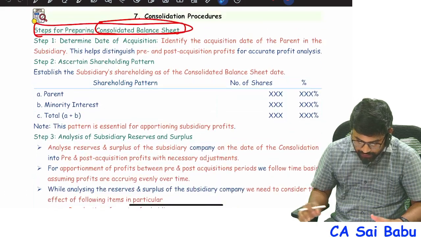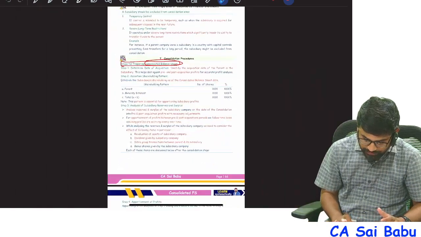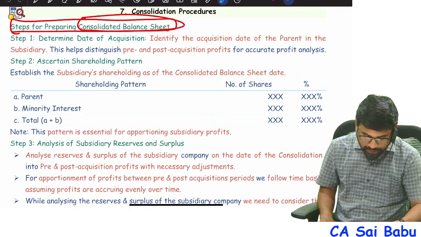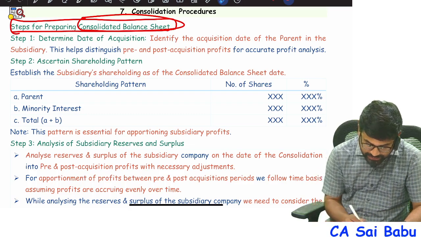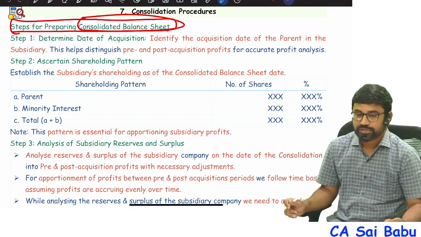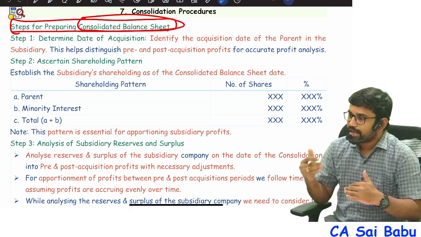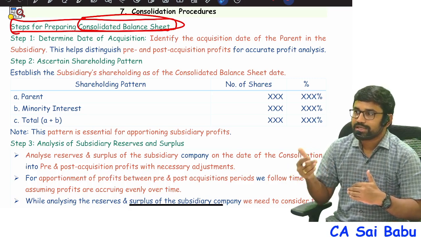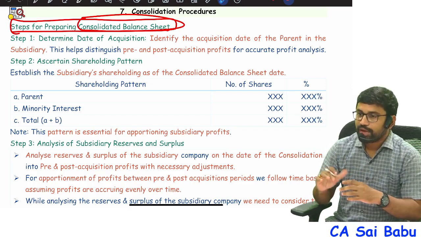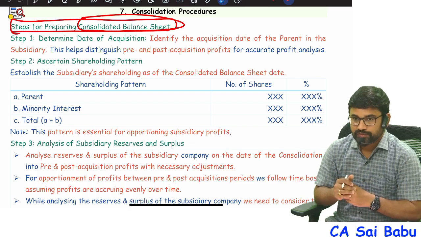Whenever you want to do the consolidation of subsidiary company, always the first step is determine the date of acquisition. On which date parent company has acquired the control of subsidiary company. Sir, why we need to determine the date of acquisition?